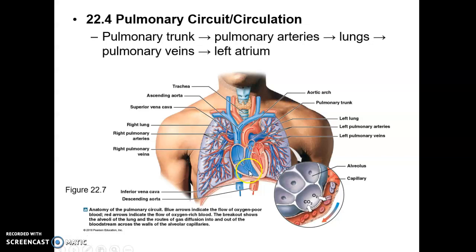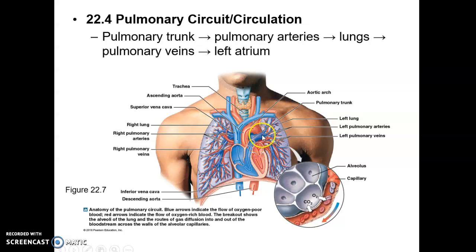That moves down into the right ventricle, past the right AV valve, the tricuspid valve. Then when the ventricles contract, blood is forced out of the right ventricle, pushing past the pulmonary valve into the pulmonary trunk, then the pulmonary arteries, arterioles, etc., capillary networks surrounding the alveoli.